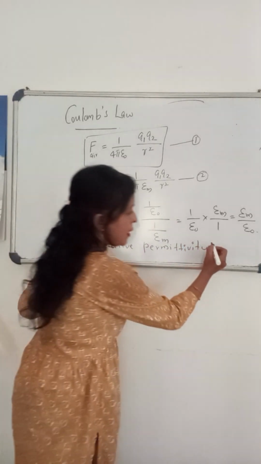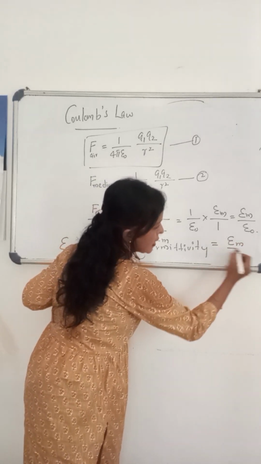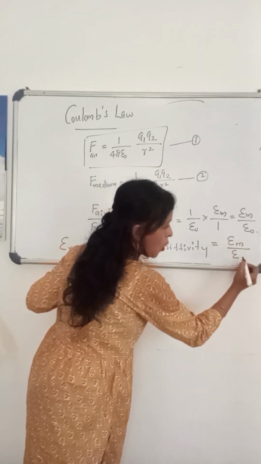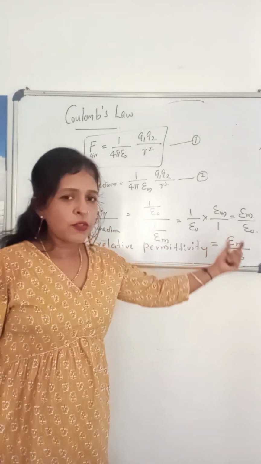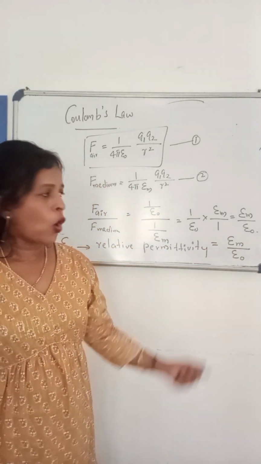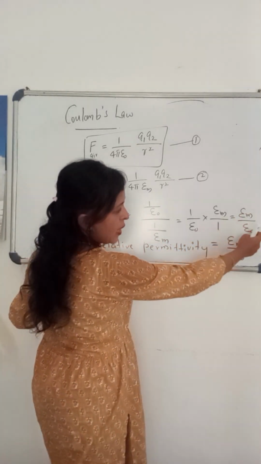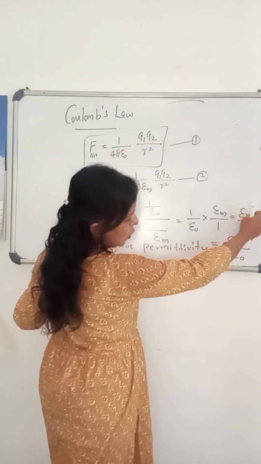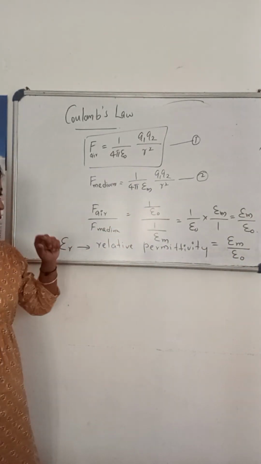Relative permittivity means permittivity of the medium with respect to permittivity of the free space: permittivity of the medium divided by permittivity of the free space. So epsilon m divided by epsilon 0 is nothing but epsilon r.